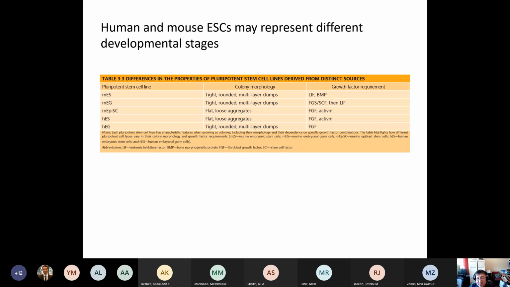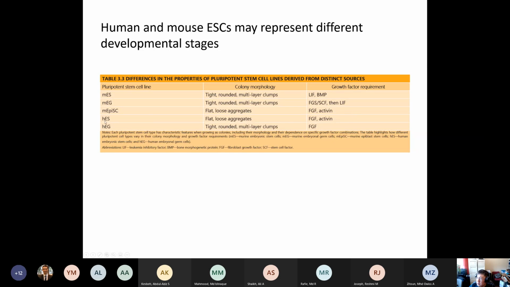By that I mean the aggregation is not so close together, and maybe you can see the boundary of individual cells, right? The colony is more flat. That's the look of epiblast-derived stem cell, and then you have to supplement fibroblast growth factor and activin. Those are growth factors for the culture.